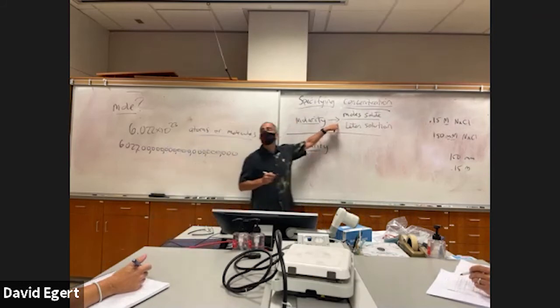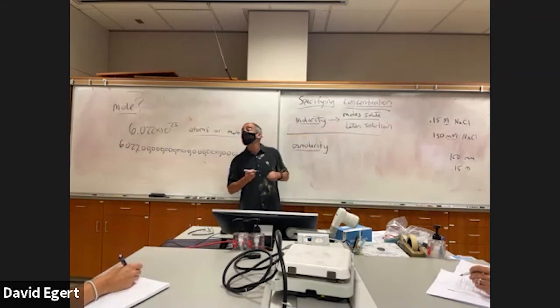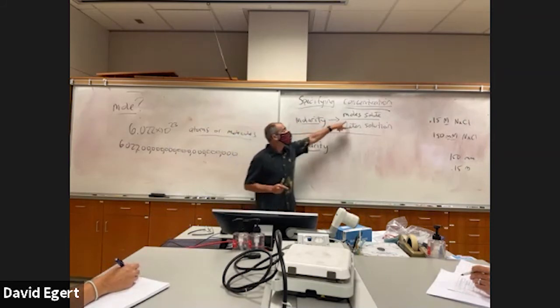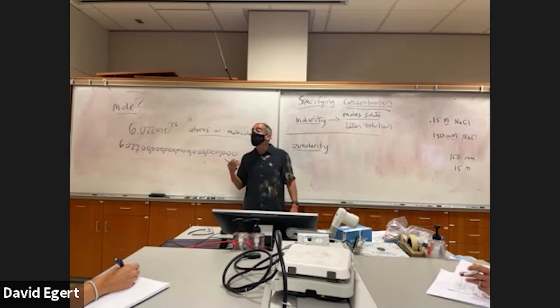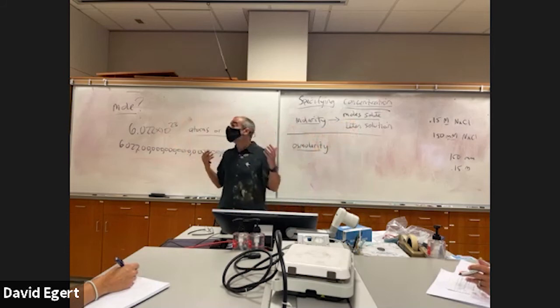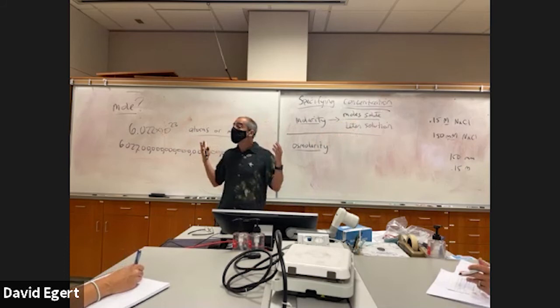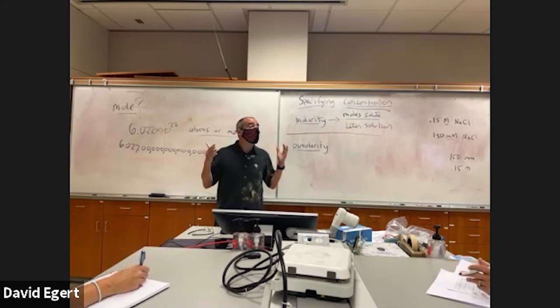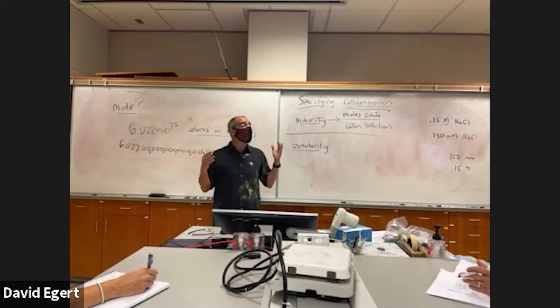Osmolarity is similar to but fundamentally different from molarity in that instead of looking at the moles of some particular solute, like just glucose or sodium chloride, it's looking at the sum total of all the solute particles in the solution. When we're thinking about osmosis, it doesn't matter what the particle is, a sodium ion or a glucose molecule.